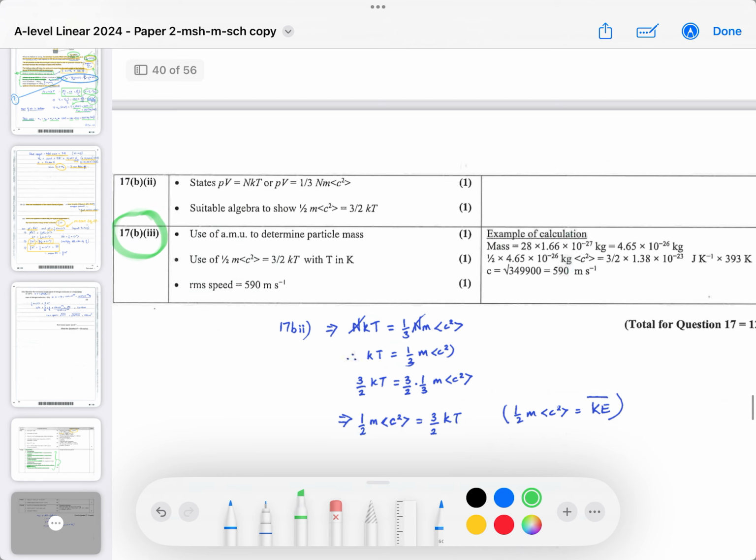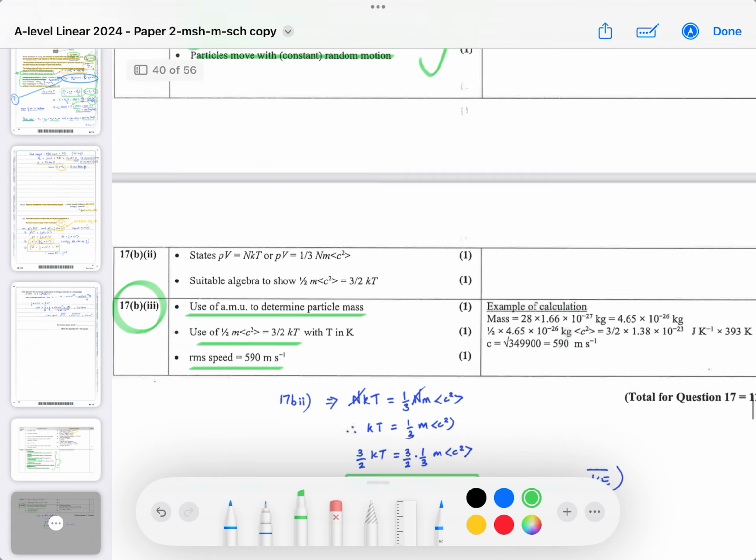So we're using the atomic mass unit to determine the particle's mass, and then using the equation that we just proved, we're using that to work out the RMS speed. Not the mean square speed, but the square rooted, the root mean square. So you're going to square root the squared speed.